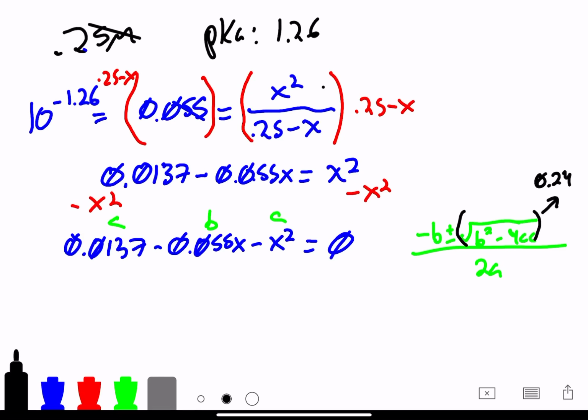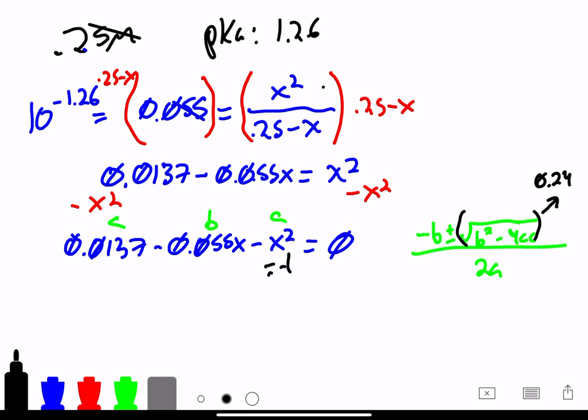So now we can take the opposite of b, which is going to be positive 0.055. Minus 0.24, and that gives us a negative number, which is okay in this case because we're going to divide by a negative number here, because a is equal to -1.